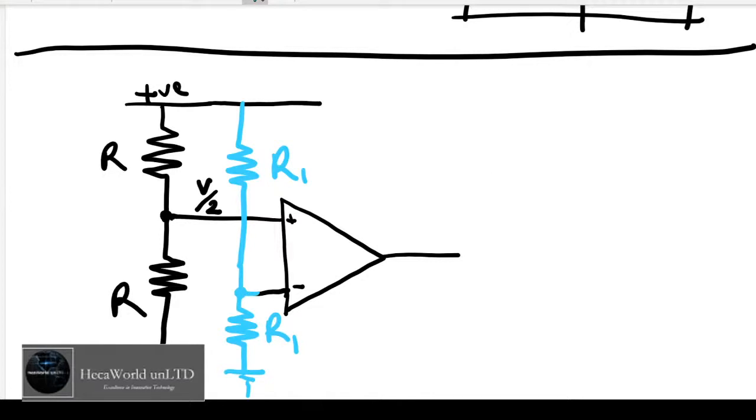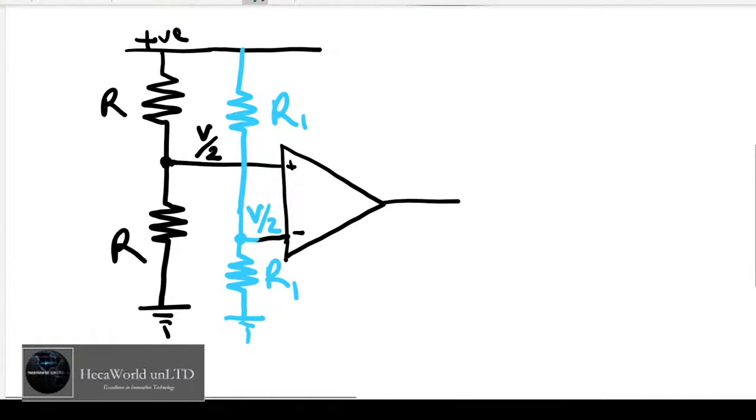If this is equal, then at this point, the inverting input, the value is V/2 as well. We know this from the voltage divider rule, right? Same current flows through them because the resistors are in series, and then voltage V is equal to IR. So the voltage dropped across each resistor is the same, because the current flowing through is the same.